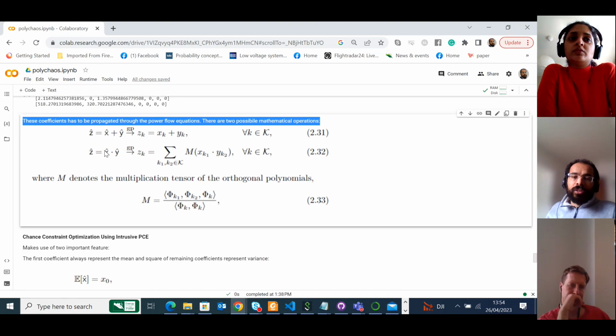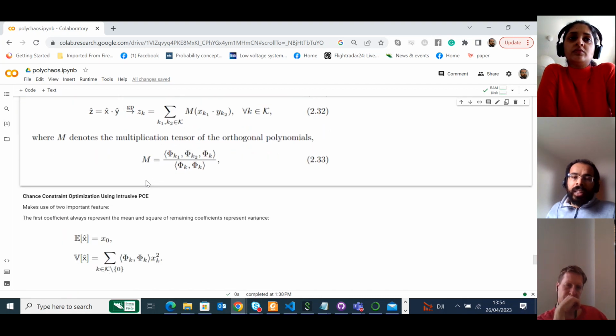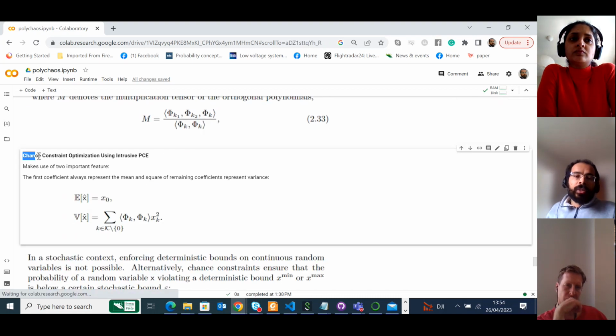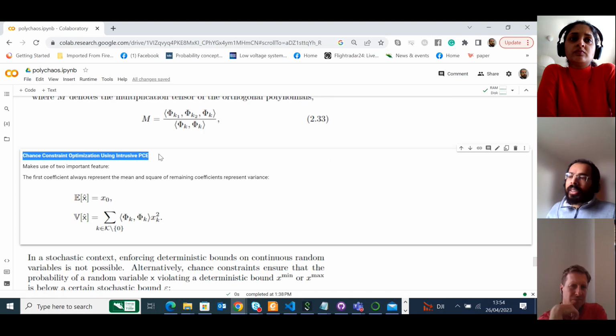And with these two operations, we can do the non-intrusive, or intrusive, polynomial chaos expansion. And if you want to do the chance constraint optimization using that, we have a very interesting feature here.